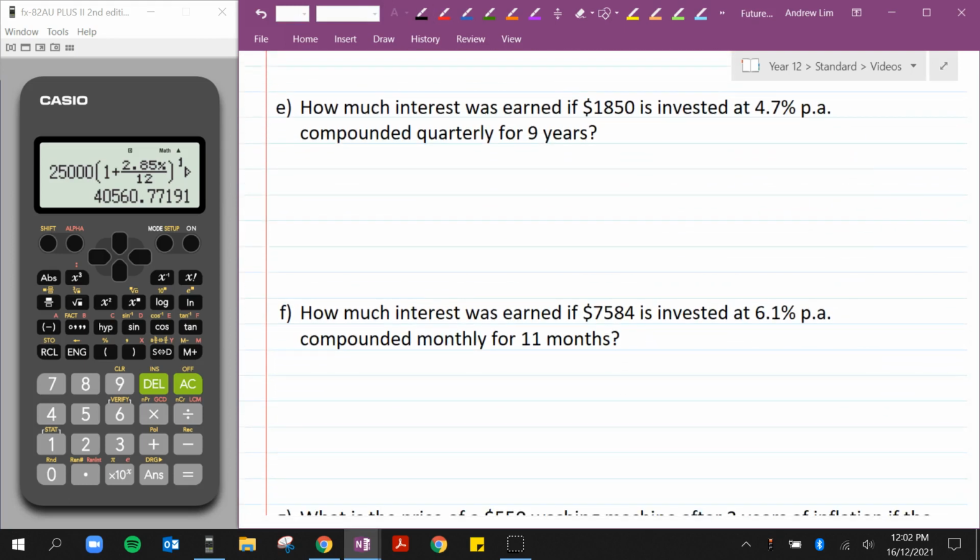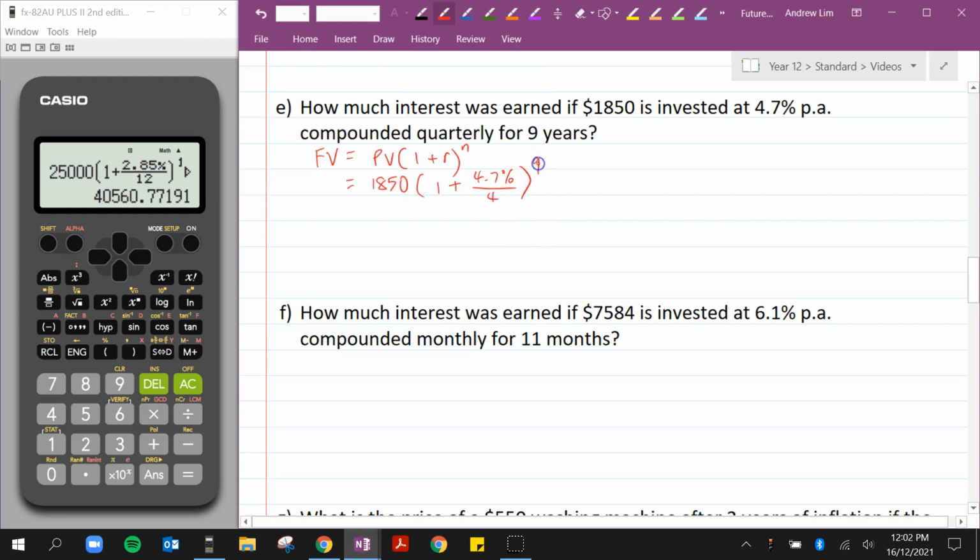Alright, question E. How much interest was earned if $1,850 is invested at 4.7% per annum, compounded quarterly for 9 years? So future value, present value times 1 plus r to the n. $1,850 is invested. 4.7%, compounded quarterly, so we need to divide that by 4.